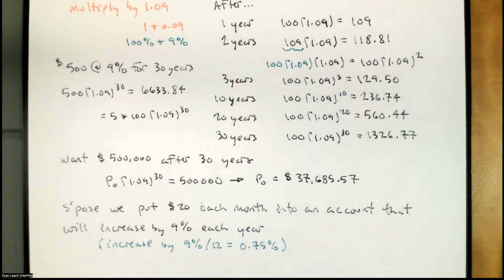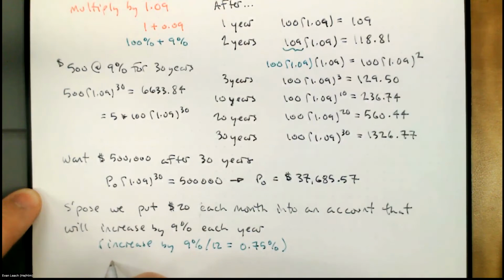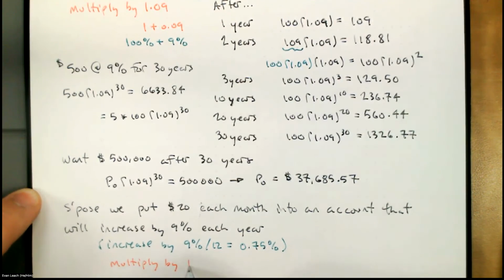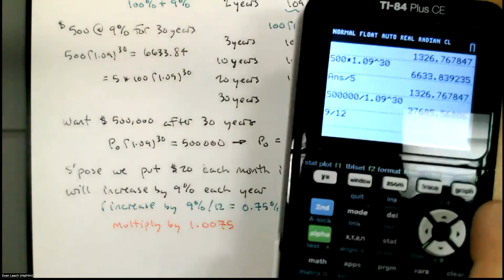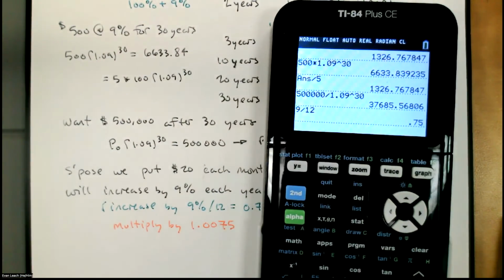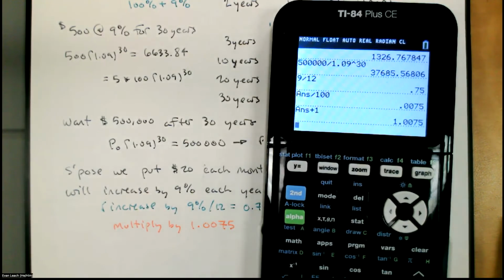Increasing by 0.75% is multiplying by 1.0075, because I'll take the 0.75 as a percent. Percent means divided by 100. And then we'll add 1 because we get to keep what we start with: 1.0075.